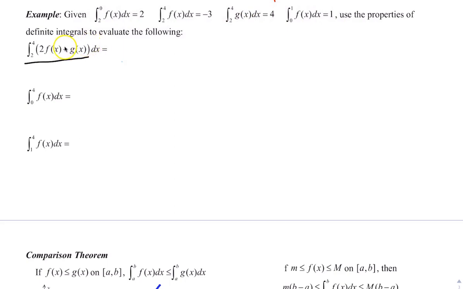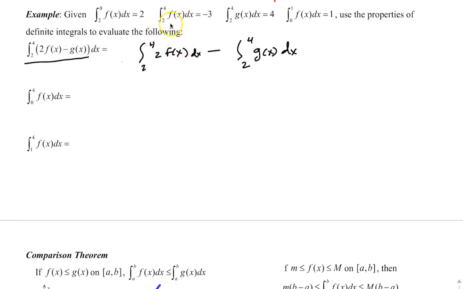Now the first thing I do is break it up, using that first rule. So I can split it up: the integral from 2 to 4 of 2f of x minus the integral from 2 to 4 of g of x. I just split it up using that property. Now again, a lot of people see 2 to 4 and want to plug in -3 here.